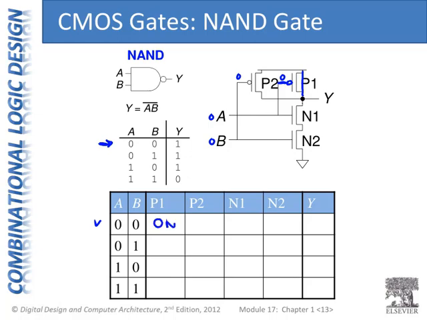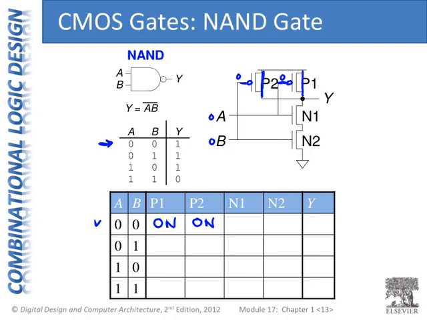So P1 is on. And same thing with P2. It has a 0 on its gate. So a 0 turns this gate on, and we get a connection between its other two terminals, D and S. So P1 and P2 are on.